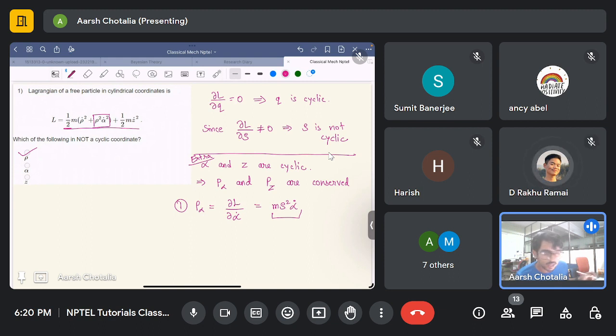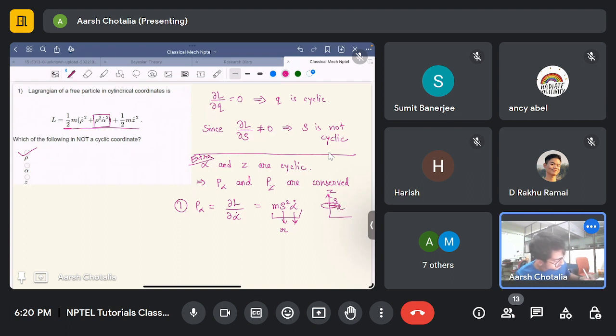Angular momentum, because rho is like r from the z-axis. If you imagine the z-axis, this is your rho, and alpha is the angle.